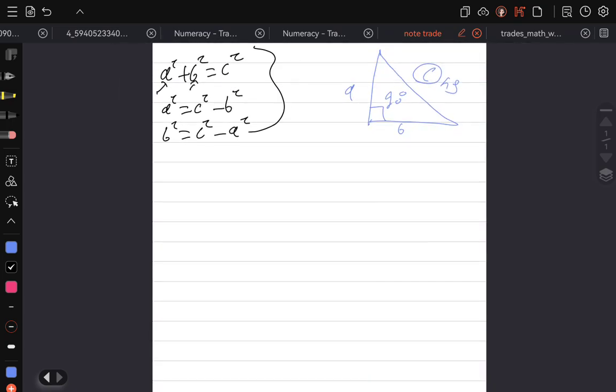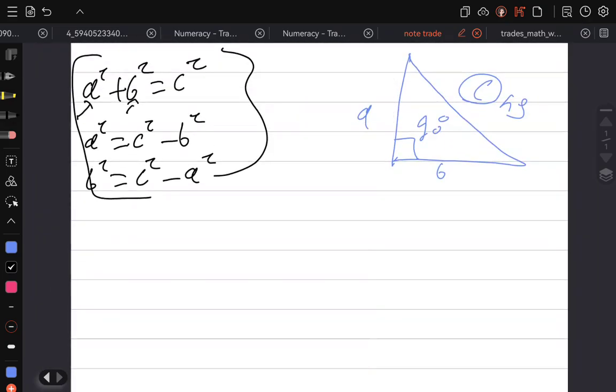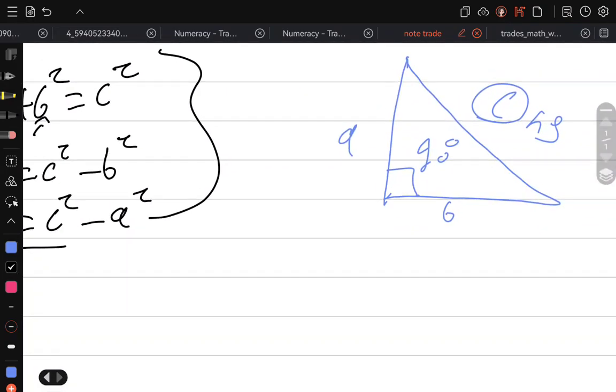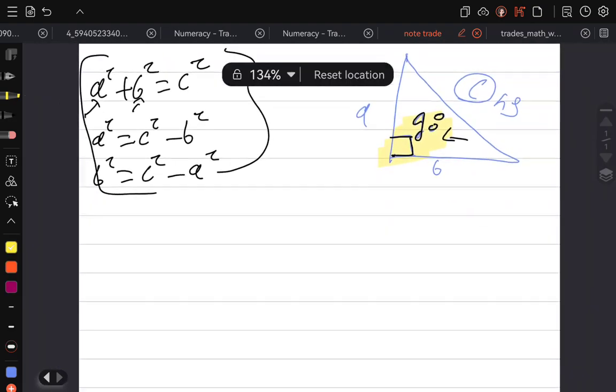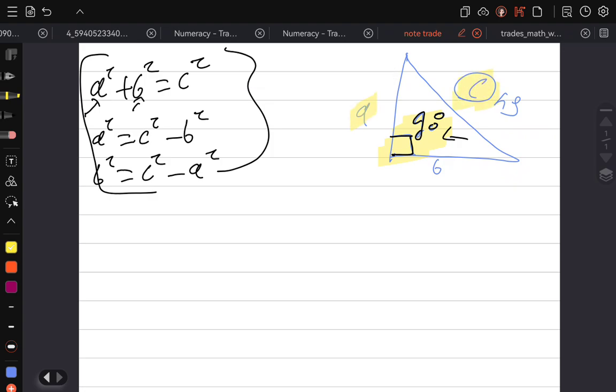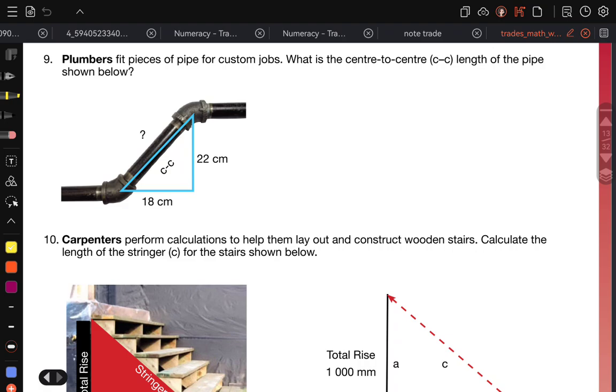That's it. You can use this kind of formula as long as you have this kind of triangle, which has a 90 degree angle. Not always, only if it is 90 degrees. Don't forget that. This one is C, this one is A, and this one is B. I hope you could understand that.